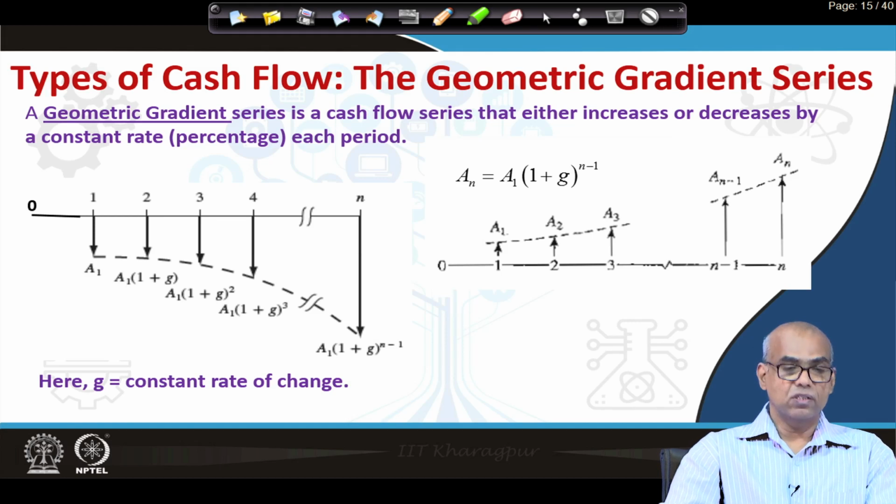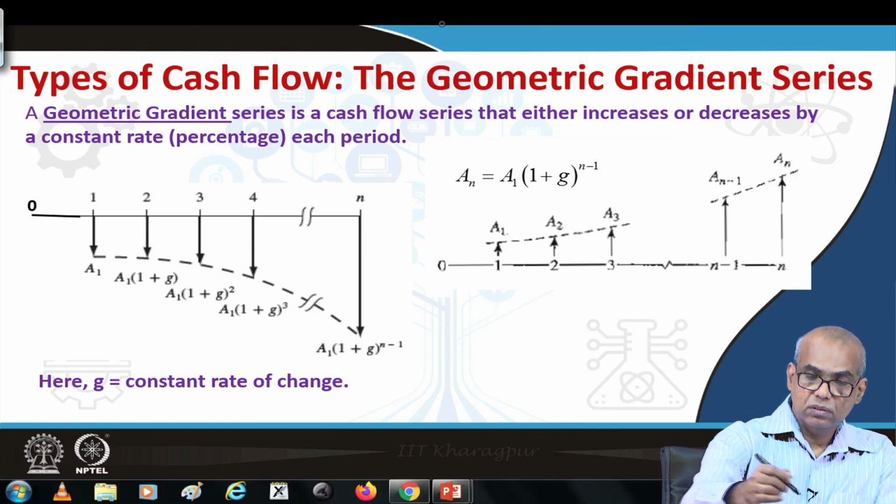The geometric gradient series. A geometric gradient series is a cash flow series that either increases or decreases by a constant rate, not by a constant amount, but by a constant rate or percentage each period. Here, let us call small g that constant rate of change.